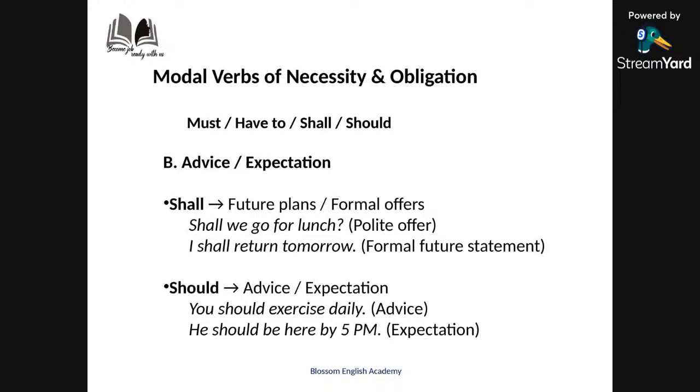So here I'm just expressing my future plan to someone. And yes, formal being requesting someone for lunch or requesting someone to go somewhere with you, in order to express that in a more formal way, shall is used.